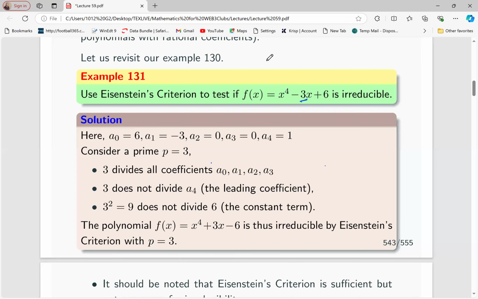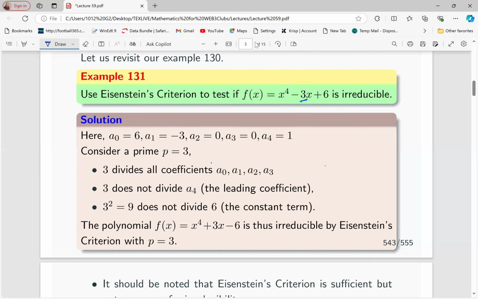If the prime number does not exist, then it means the polynomial is reducible. We can factorize it. But of course, I also said that that is not always true. It's not always true that if the prime number does not exist, the polynomial will be reducible. In some cases, the polynomial will not be reducible. So if you find that the prime does not exist, then for you to be certain, you try other tests. And there's one test that you can try to verify.